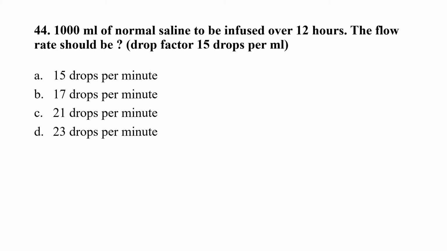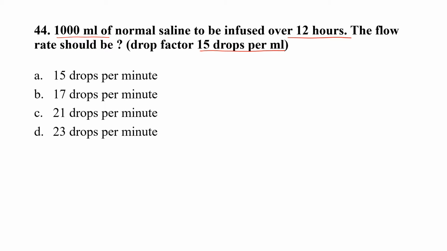Question number 44. 1000 ml of normal saline to be infused over 12 hours. The question asks to calculate the flow rate in drops per minute, and the drop factor is given here, 15 drops per ml. Option A, 15 drops per minute. Option B, 17 drops per minute. Option C, 21 drops per minute. Option D, 23 drops per minute.